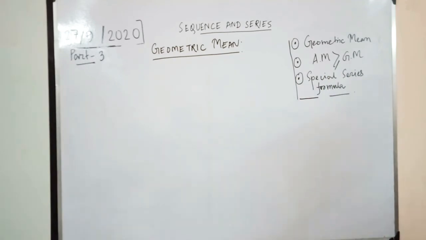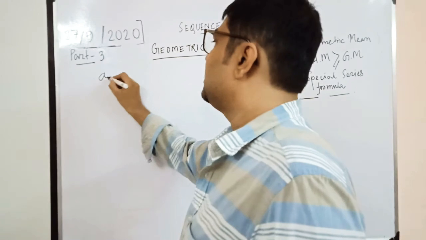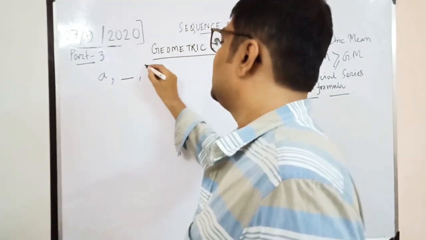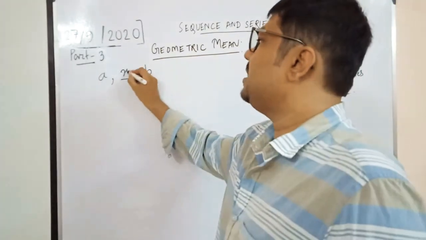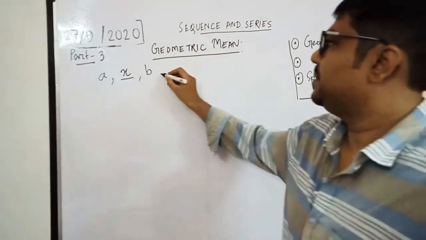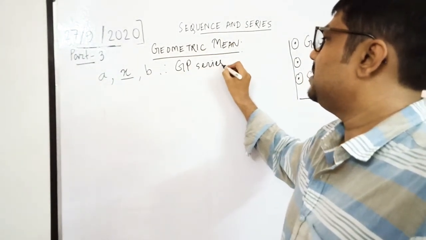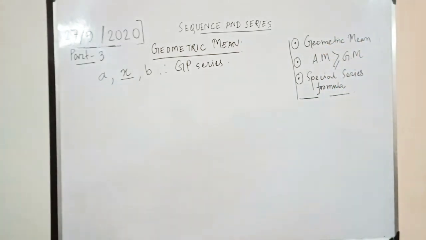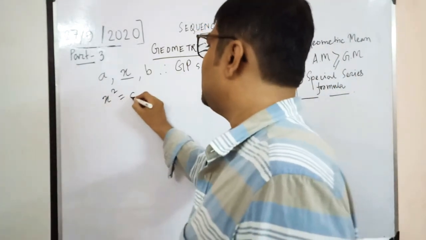Now start with geometric mean. So let's say two numbers are there, a and b. So we want to insert a number between a and b such that a, x, b becomes a GP series. Okay, the three numbers become in geometric progression. So what will happen? You know the condition. The square of the middle number is equal to ab.